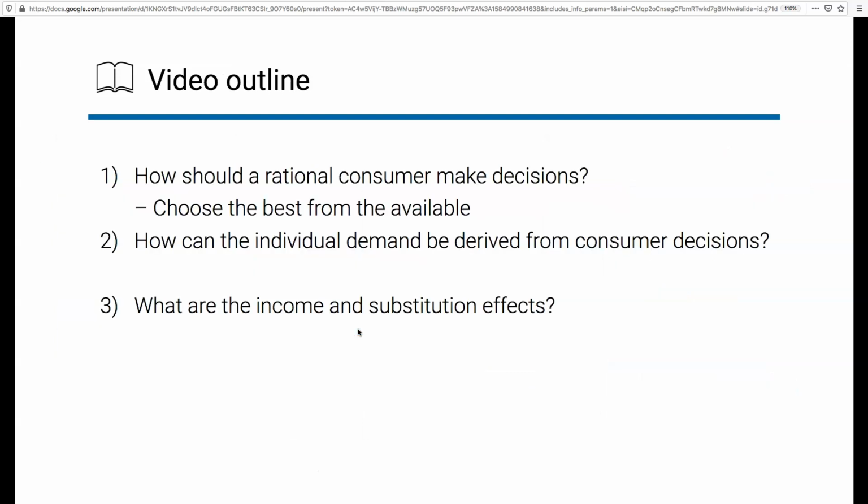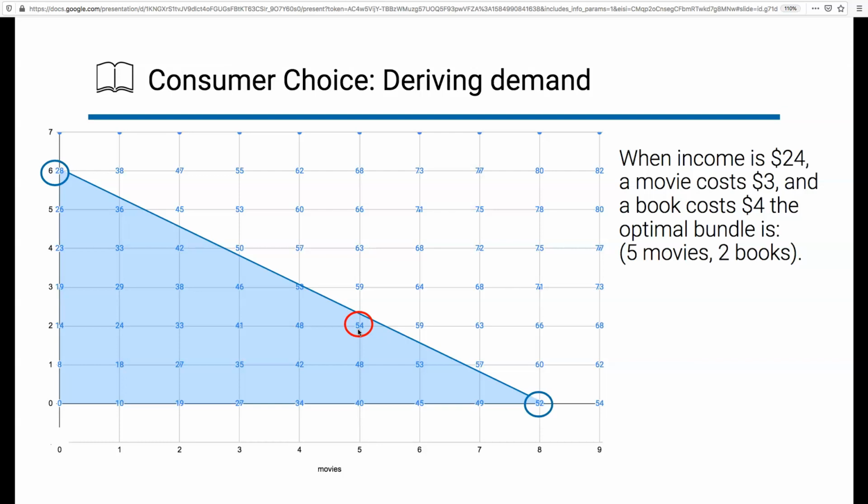The second step: how can we derive individual demands from consumer decisions? Well, the idea here is very simple. We're gonna look at the consumer decision and see how that decision changes when the price of a particular good changes.